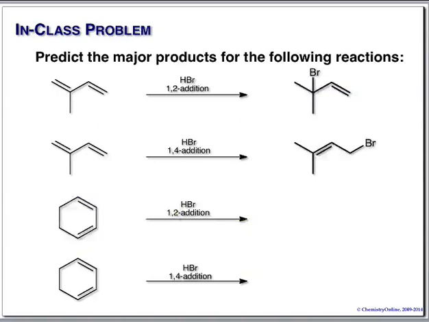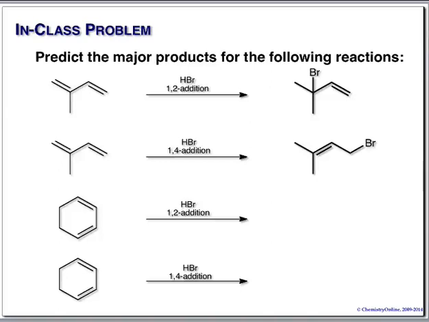Cyclohexadiene, gonna make a 1,2 addition product. Step one, you wanna look and figure out what's gonna be the most stable carbocation. Now they're all secondary carbons, aren't they?